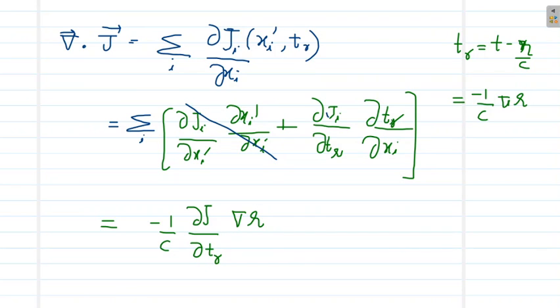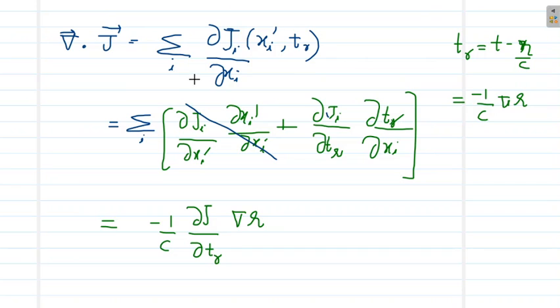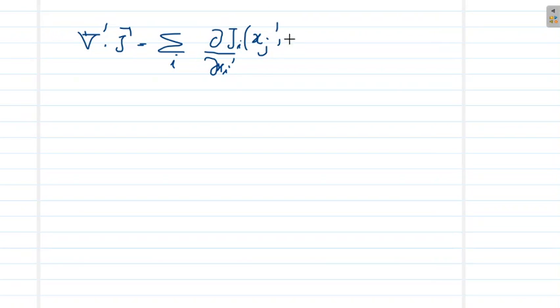Now let us find what is del dash dot of j, because we have to substitute here the value of del dash dot of j. It is actually quite different from del dot of j. So as we will see, del dash dot of j is equal to summation over i dou by dou xi dash of ji. Here ji is a function of xj dash and tr.